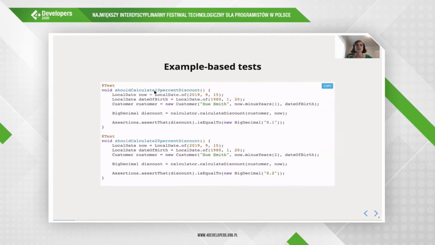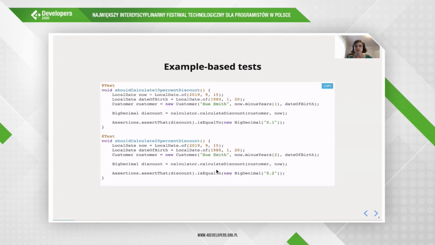First, a test case to verify that the 10% discount is properly applied. We've got a customer, we've got a sample today date, we know when the customer was born, and it's not their birthday today. We invoke our method and we verify that the discount is 10%. We would also verify that for 20% discount the same is true.